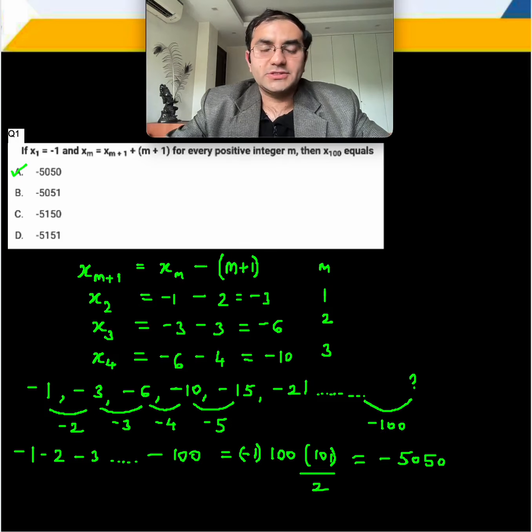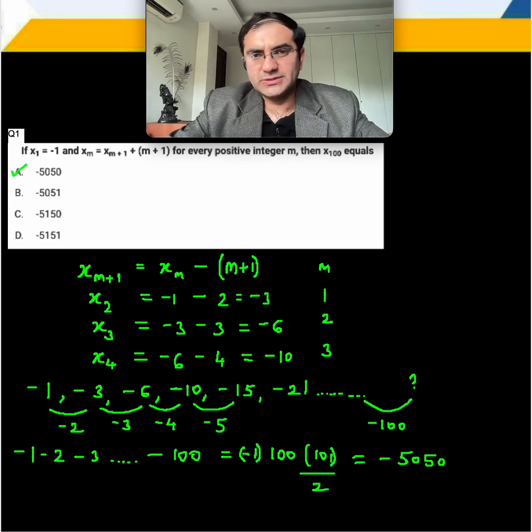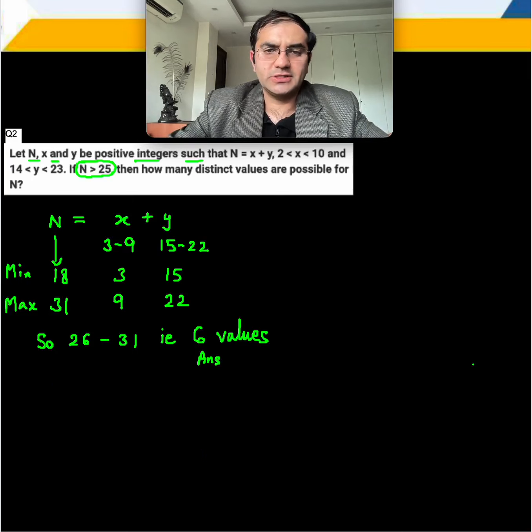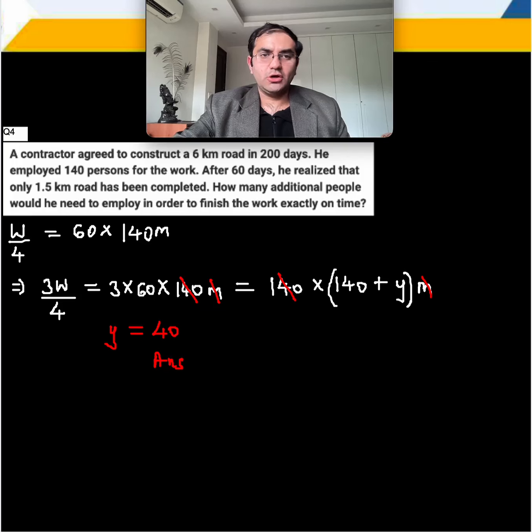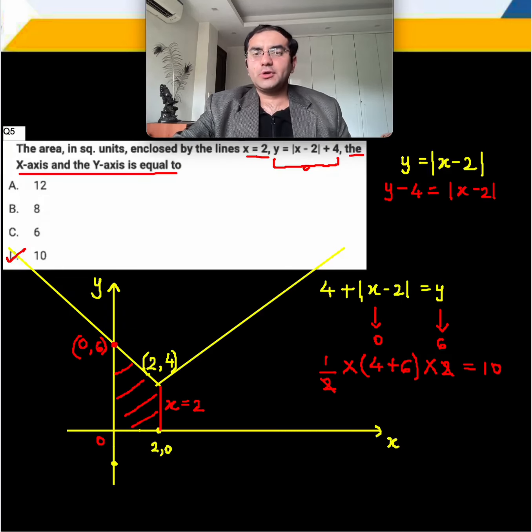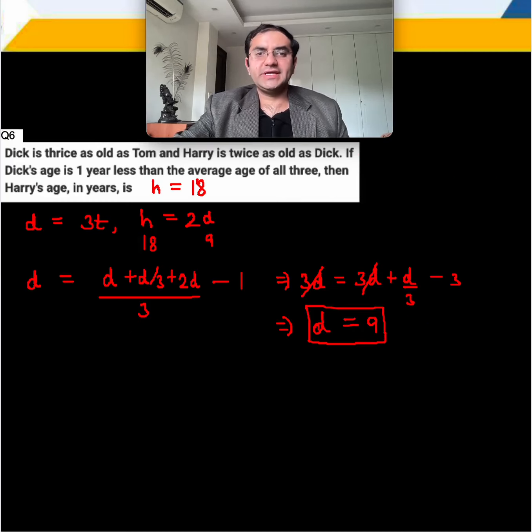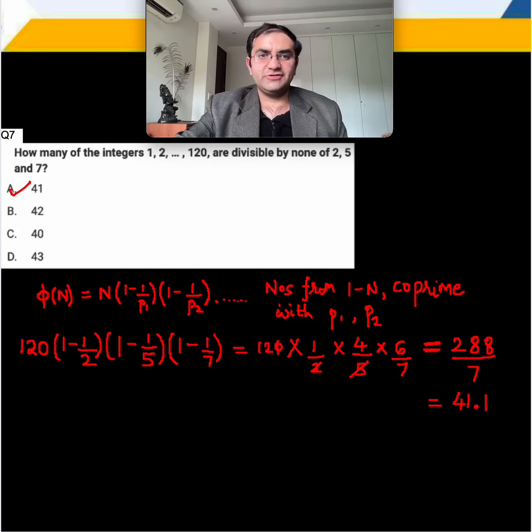All right, so now the first one, sequence series, was a little challenging to spot the pattern. Question 2 was very straightforward, just the ranges of x and y. Third was of course a tough question on logs. Question 4 was straightforward, time and work. Fifth, plotting the graphs is always tricky. Sixth was the easiest question of the paper on averages.